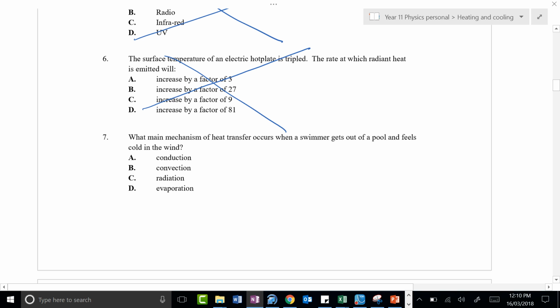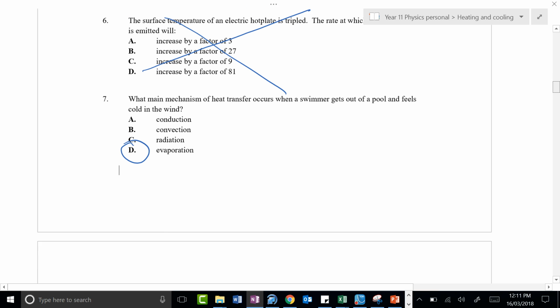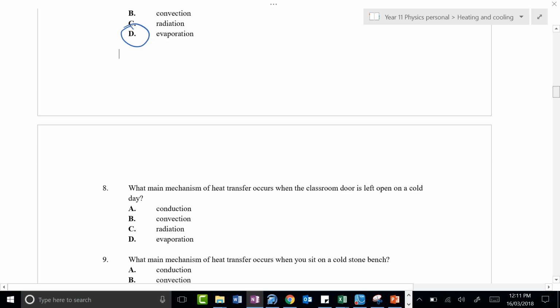So the type of heat transfer is actually just evaporation. Remember, you've got to pick the one which is the closest. Radiation is a transfer of heat, like for example the sun. But in actual fact, you are feeling cooler due to the evaporation of the water as you get out.